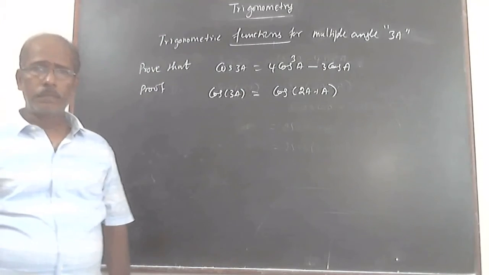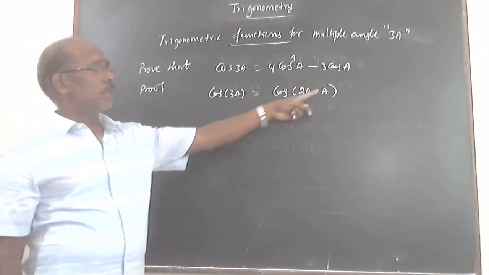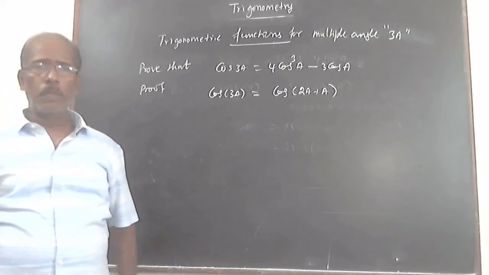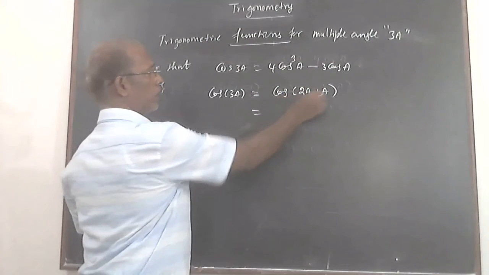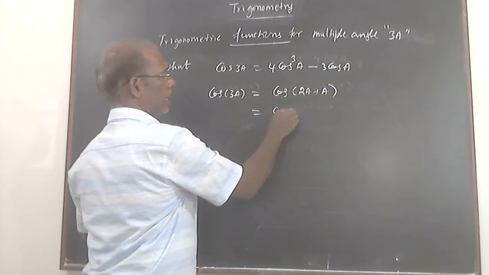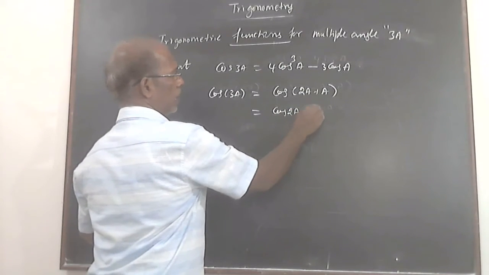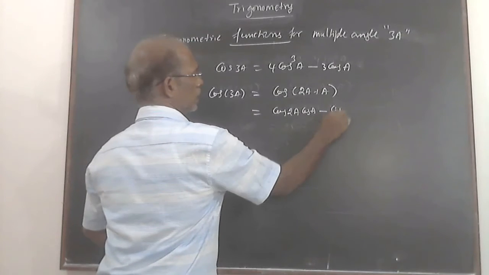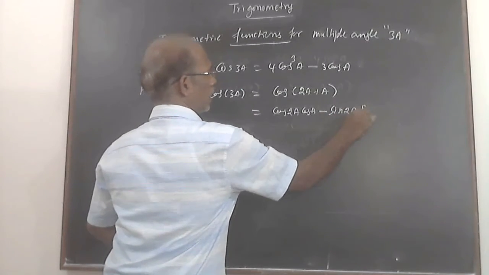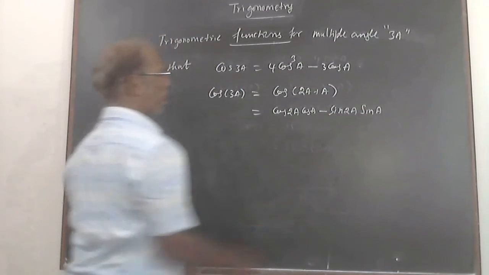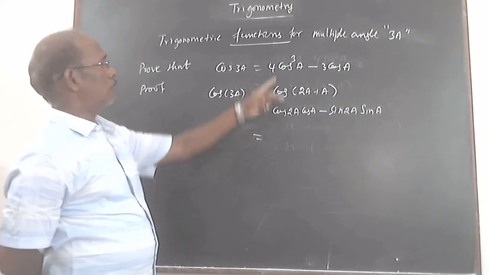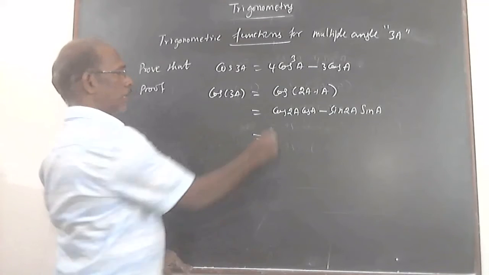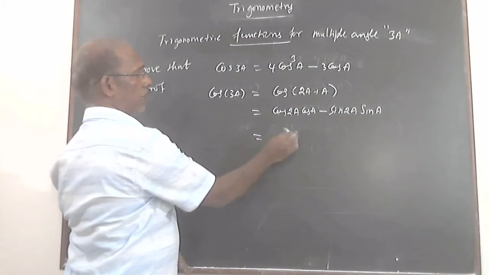Dear student, now we can use cos of A plus B, the compound angle formula: cos 2A cos A minus sin 2A sin A. To get the final result in terms of cos, better we write cos 2A in terms of cos.